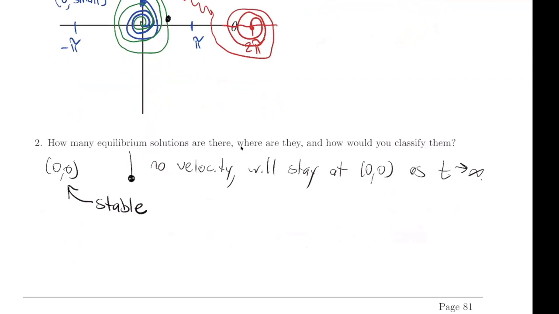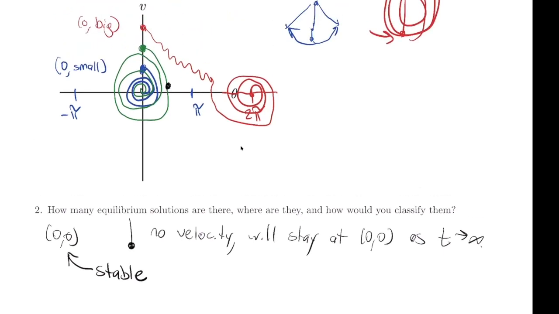But if you are slightly off, then it would move away from that equilibrium. What's another equilibrium other than 0, 0? There are infinite number of equilibrium in this system, actually. In pi?